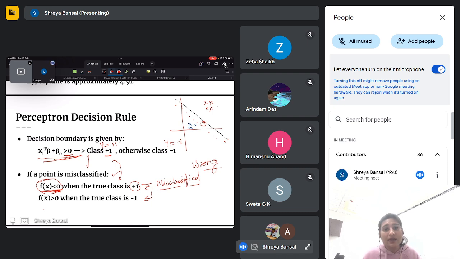The condition is you can see one object at a time, you can't see the whole data at once. You have to move one by one because it's a stepwise procedure. So you take the first object, say it is blue, then you randomly draw a line simply because you don't know where the other objects are.